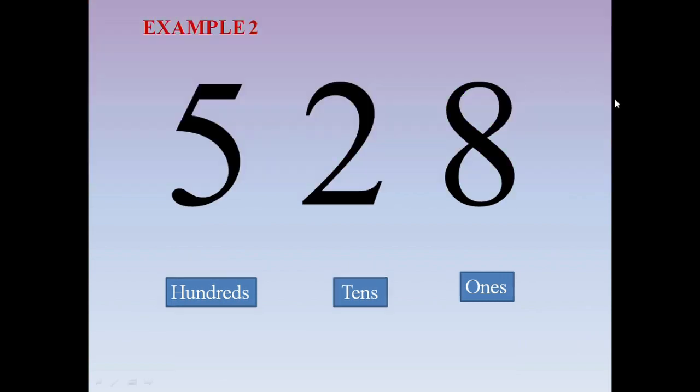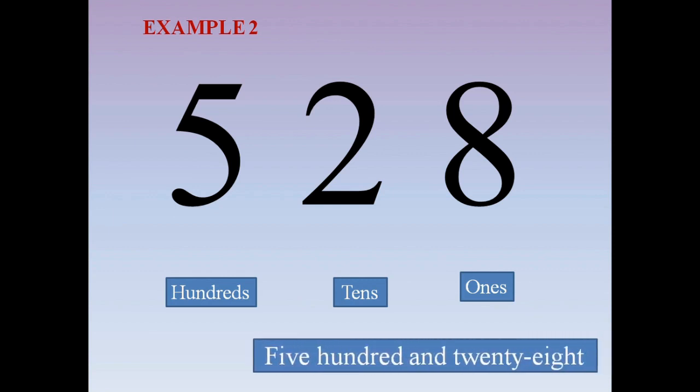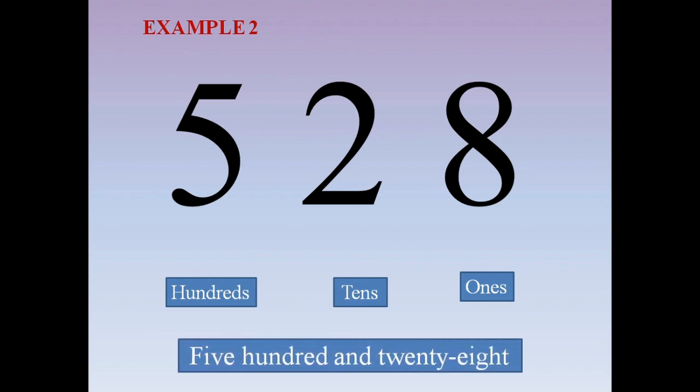Moving to another example. Here the number 8 is in the place of ones, number 2 in the place of tens, and number 5 in the place of hundreds. So this number is 528, which is 528.